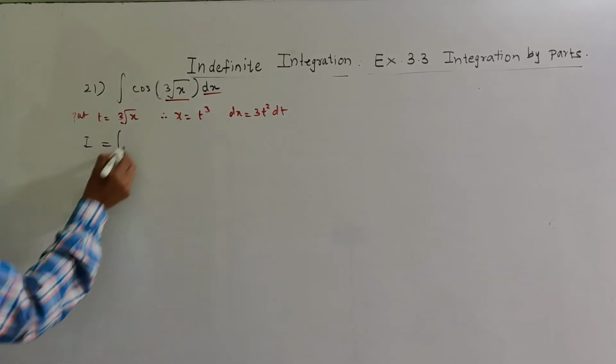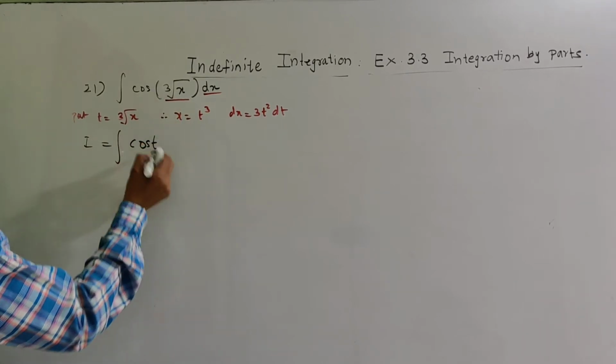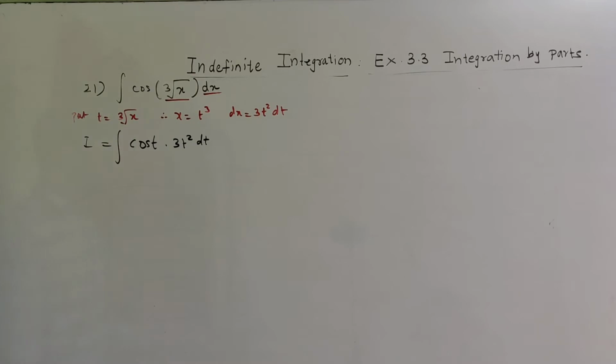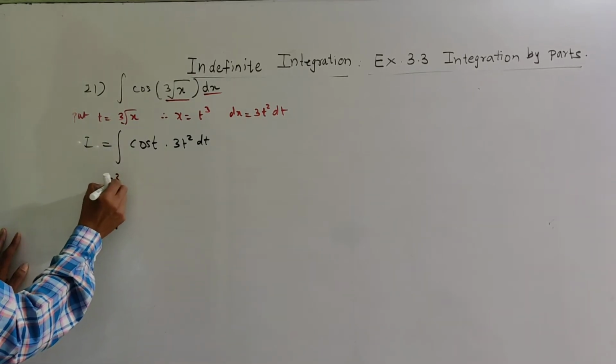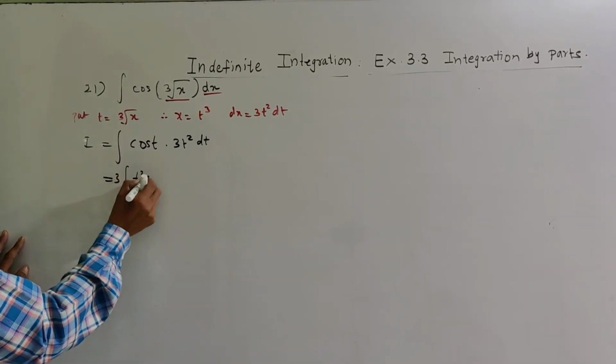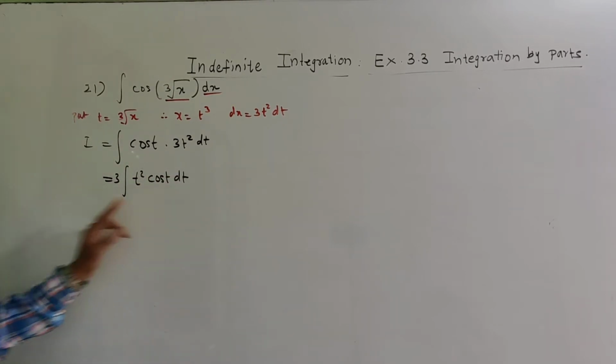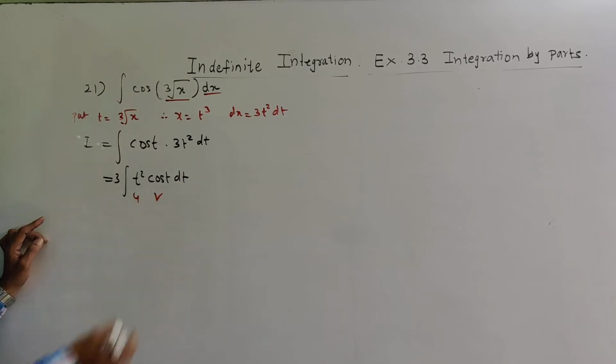So our integral I will become integral I is equal to cos of t, and dx is 3t square dt. This 3 goes right outside the integral, t square into cos of t dt. Algebraic function and trigonometric function, so this is u and this is v.